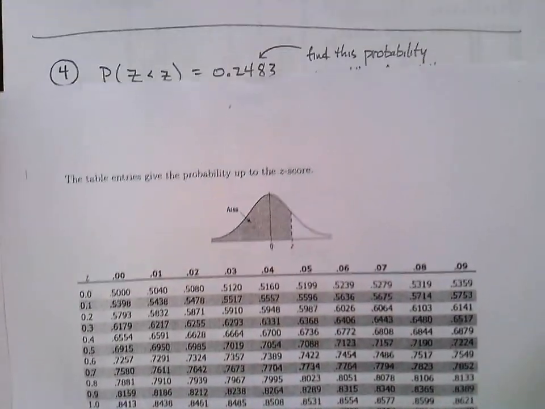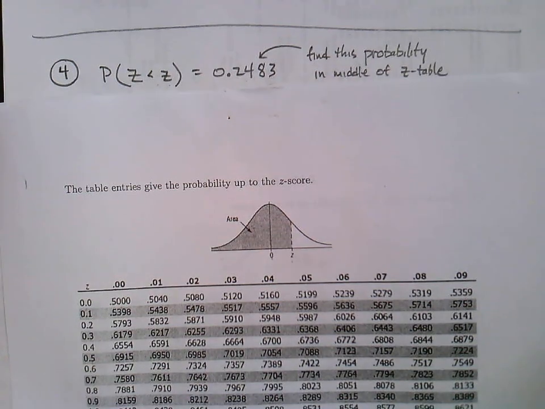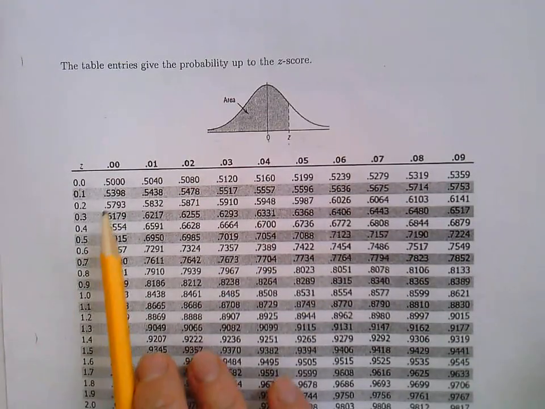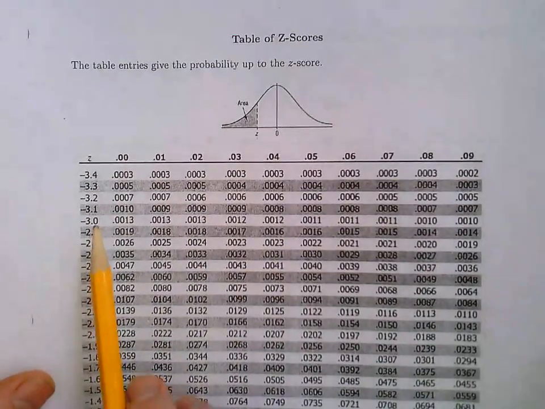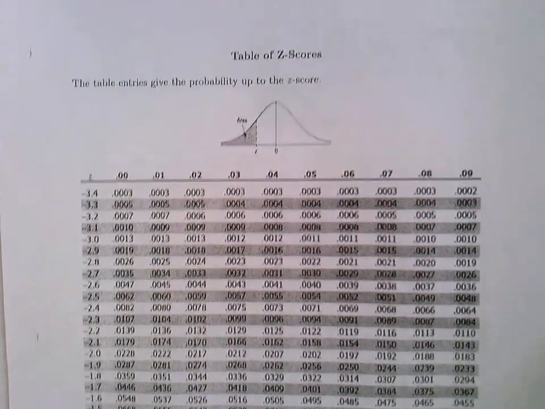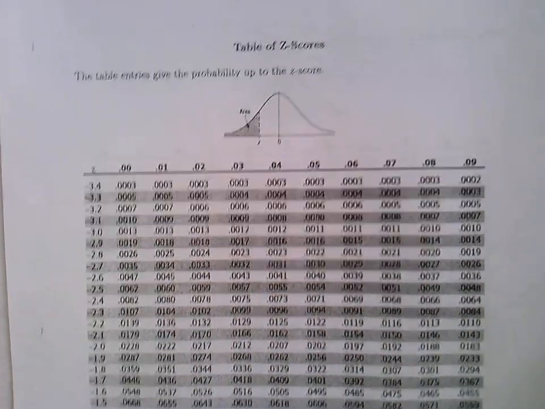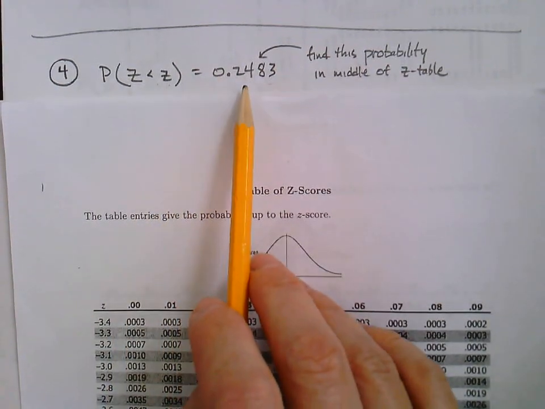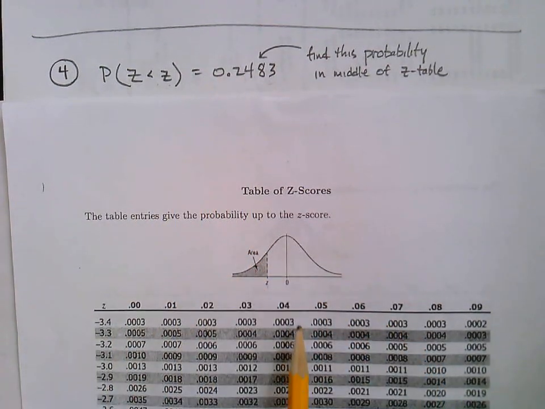So for one, the first question, and what will make this a lot easier, should we be looking at the positive z-scores or should we be looking at the negative z-scores? And hopefully some of you guys know we should be looking at the negative z-scores because the probability that they tell us is less than 50%.